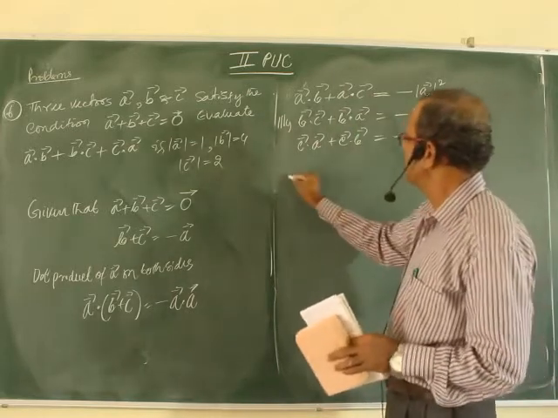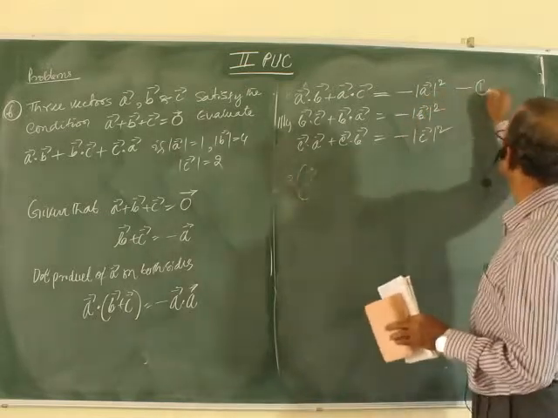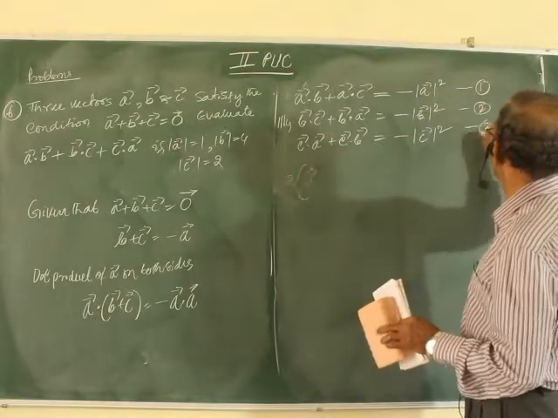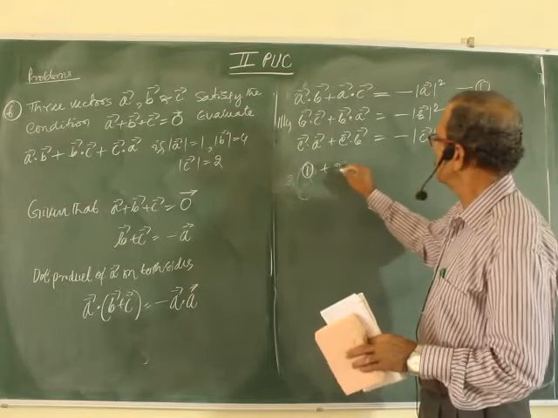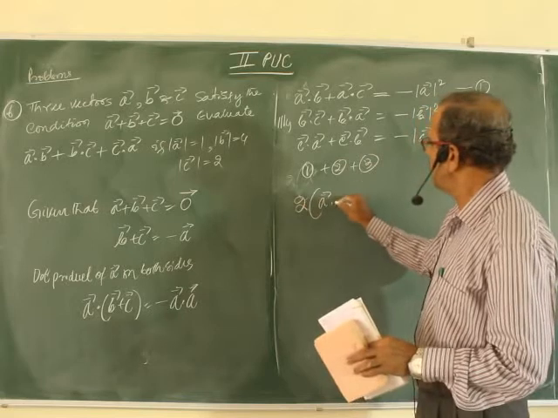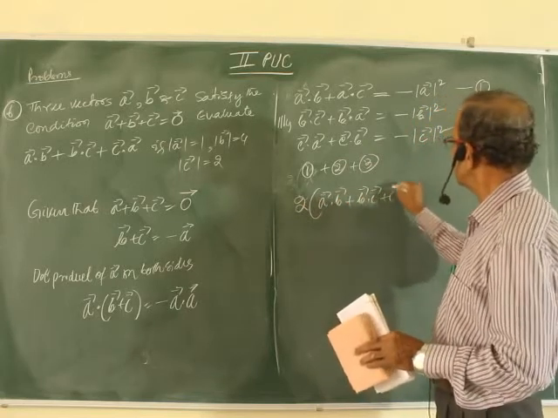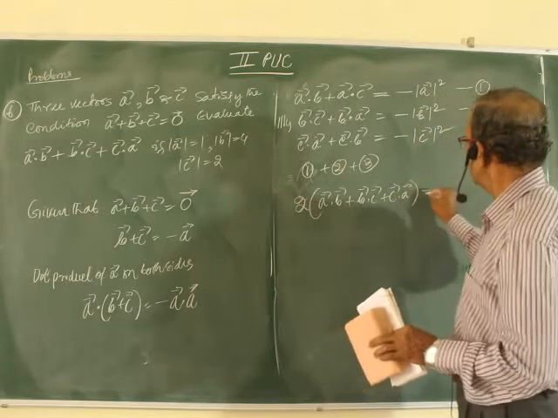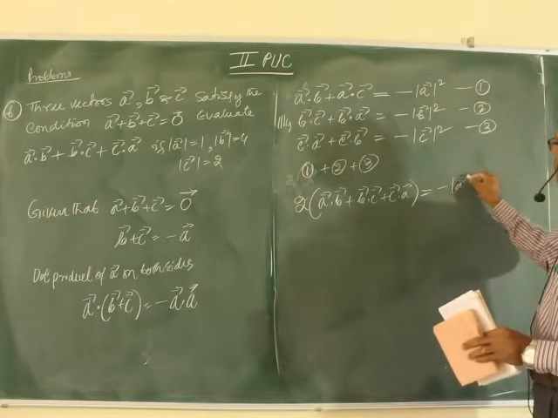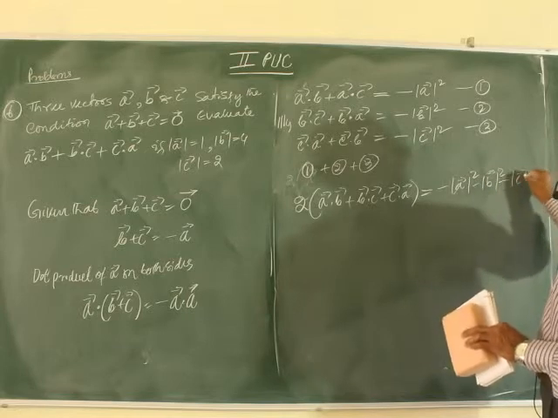Add all these. Adding all this, 1 plus 2 plus 3, is 2 into A dot B plus B dot C plus C dot A equal to minus mod A square minus mod B square minus mod C square.